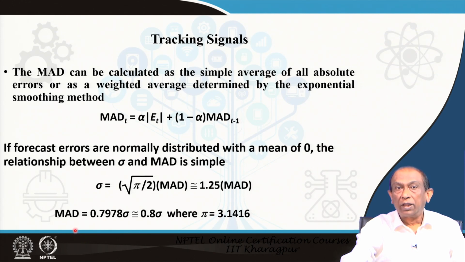Therefore, MAD is 0.7978 sigma from this relationship, almost 0.8 times the standard deviation of the distribution of errors, and with this expression sometimes we can also compute the mean absolute deviation.